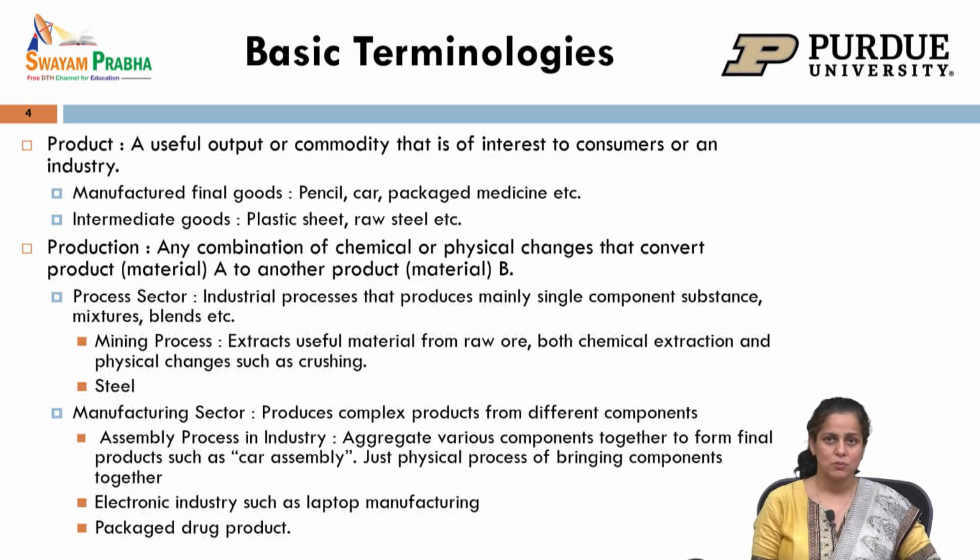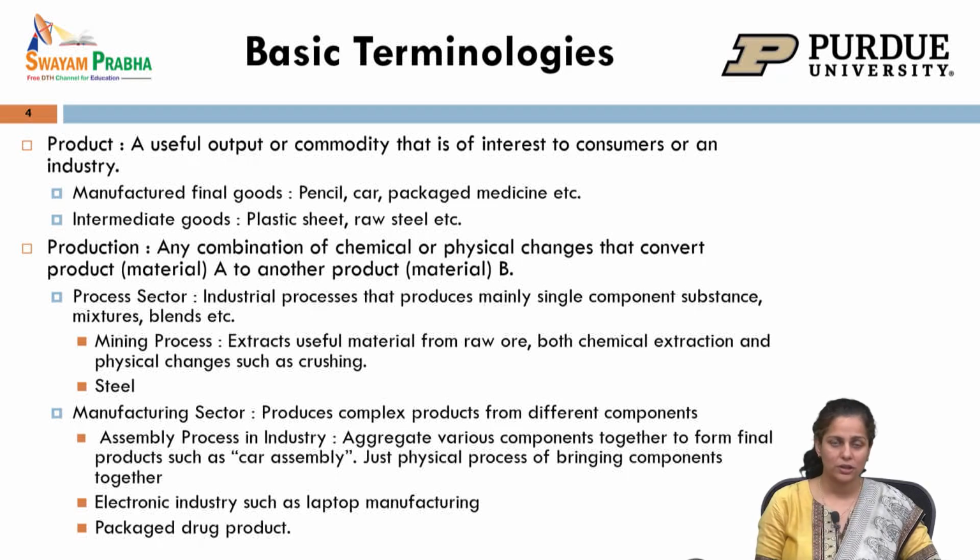In this, what you notice is that there is no transformation of material A to material B, there is no chemical transformation, but what the industry does is it brings together different components and assembles it into a final product that the consumers use. Of course, in this process itself, there are a lot of different aspects that happen.